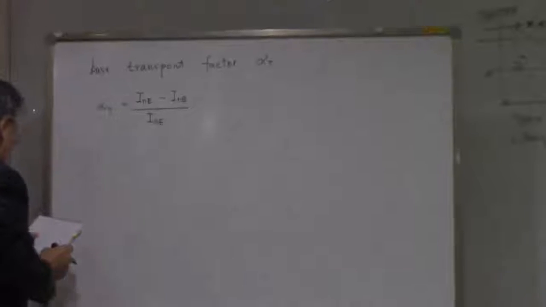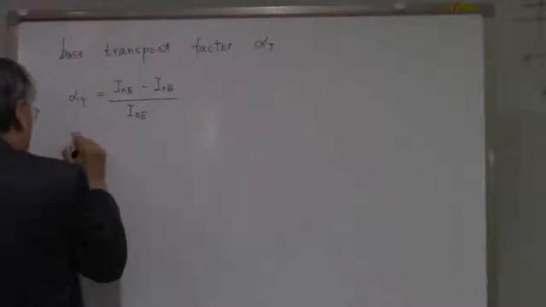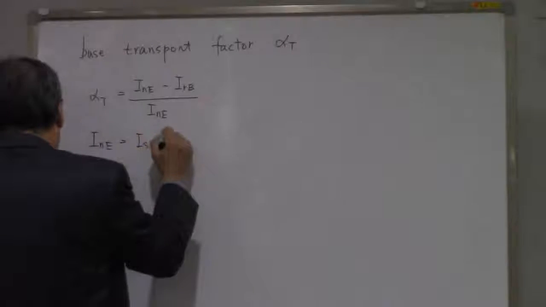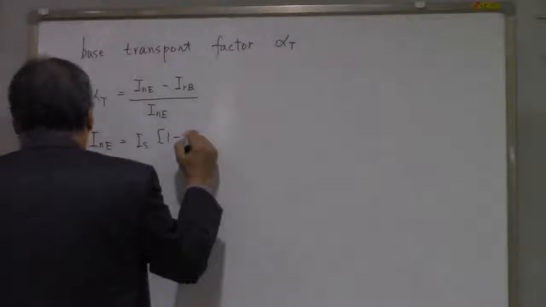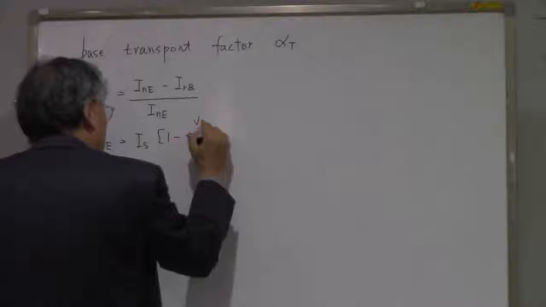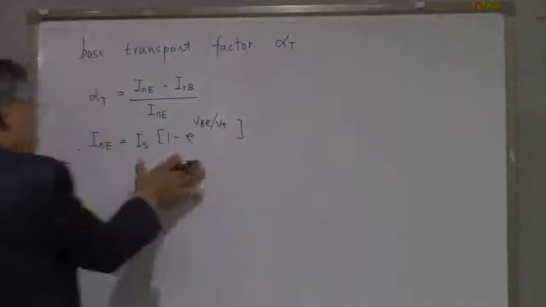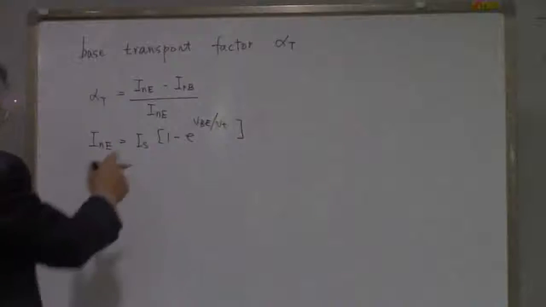It can be represented like this, right? Where INE, for example, is IS times 1 minus e to the VBE over VT. That has been, we have solved this.